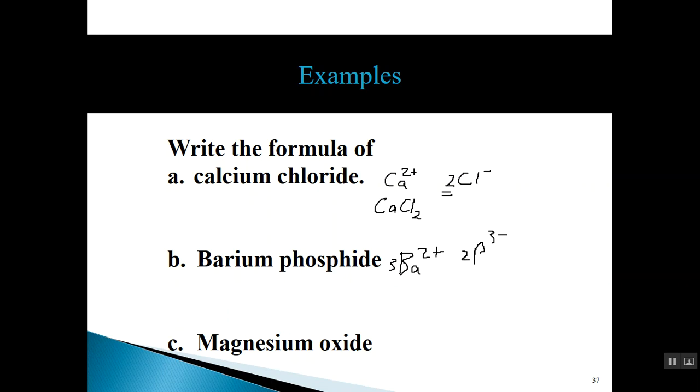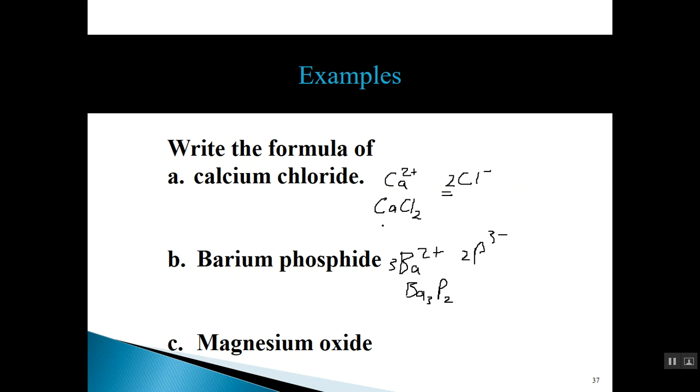So that we have a total of +6 as far as the bariums are concerned, and a total of -6 as far as the phosphide ions are concerned. And therefore, when you put these together, each of these numbers that we multiply the ions by become subscripts. So therefore, the barium phosphide formula becomes Ba3P2.